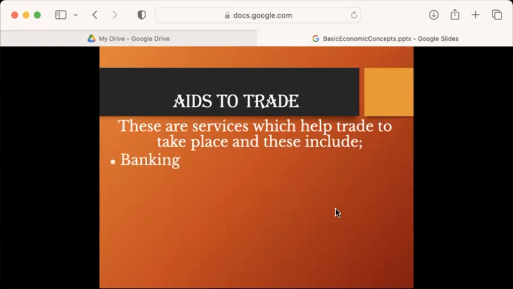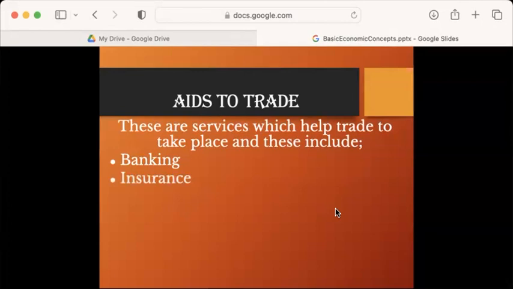One of the services that a business needs is banking, because banking helps us to transfer money between accounts easily within a country, nowadays even internationally. So we don't have to carry a lot of money. Our customers don't have to carry a lot of money. So banking, not only, of course, payments, banking also helps sometimes by lending money to businesses, safeguarding businesses' money, and so on. That's an aid to trade.